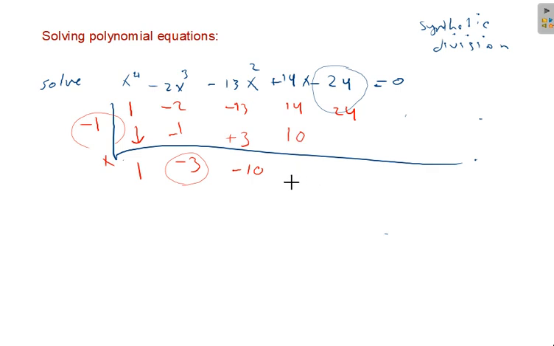Now 14 plus 10 is 24. 24 multiplied with minus 1 equals minus 24, and minus 24 plus 24 gives us 0. It's very important to reach 0 at the bottom. We don't need any remainder here, to make sure this is a real root of this equation.